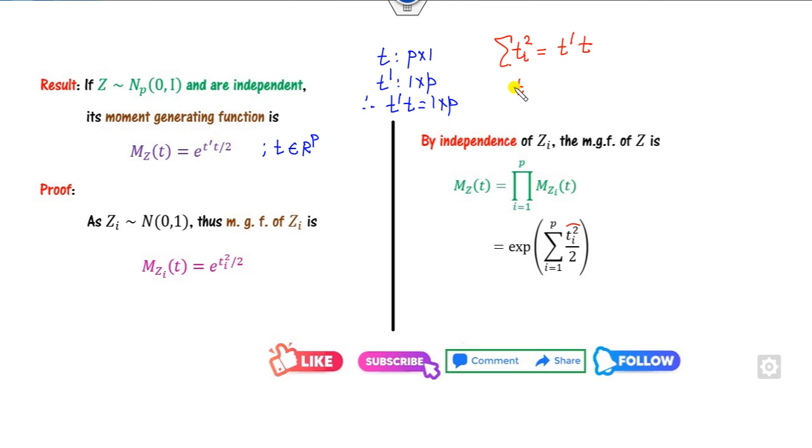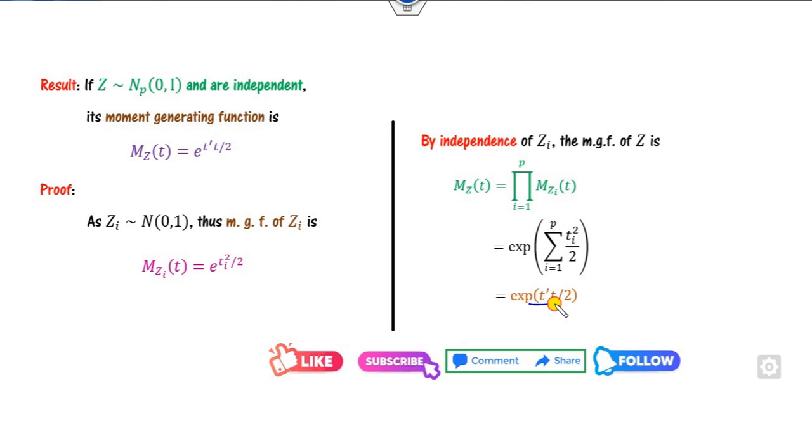Because if you say t is t1 up to tp, and t transpose is t1 up to tp, what is the value of t transpose t? That is t1 square, t2 square and so on. So I can write this summation part as exponential of half t transpose t, and that's the required result.